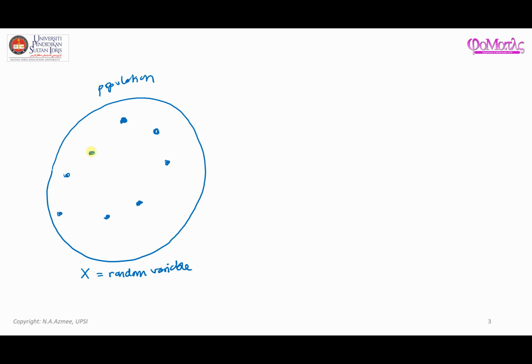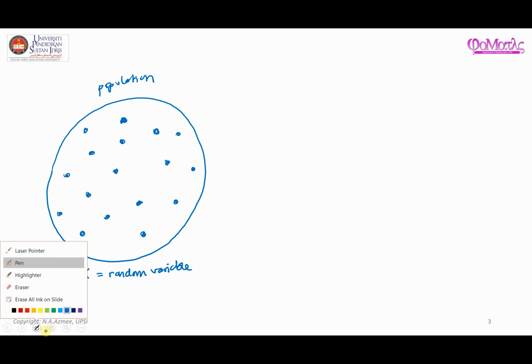It can be anything really. It could be the blood pressure of the people in the population, the salary of the individuals in this population, or the age of the students in this population. So x here is a random variable. And let's say you are interested to know what mu is. Mu here is the parameter.